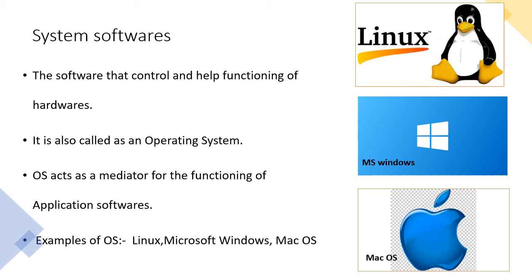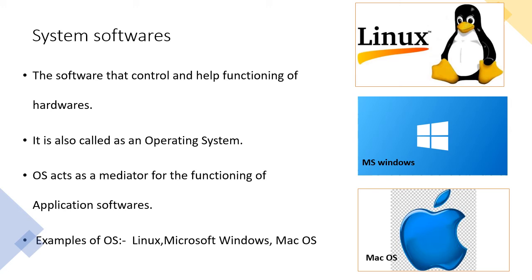Now we all know that there are many application software in our system, right? For example, Microsoft Office, Adobe Photoshop, games, etc. But in order to use these application software, we should have hardware like keyboard, mouse, monitor, etc. And these hardware indeed depend on or function according to the system software or operating system.